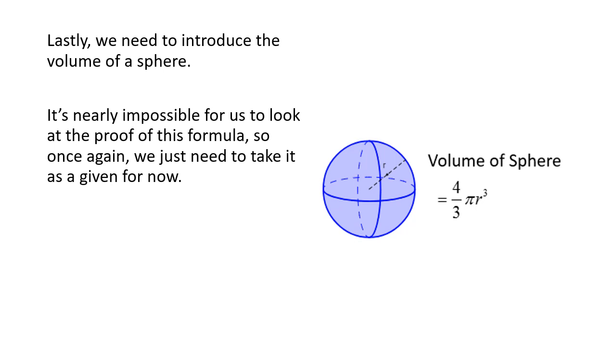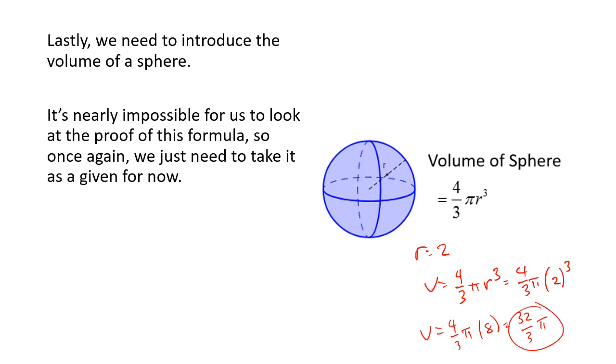Whatever the radius is, in this case, if the radius is 2, then I'm going to put this into the formula, and 4/3 pi r to the third is 4/3 pi 2 to the third. And so that's 4/3 pi times 8, or 32/3 pi is the exact volume here.